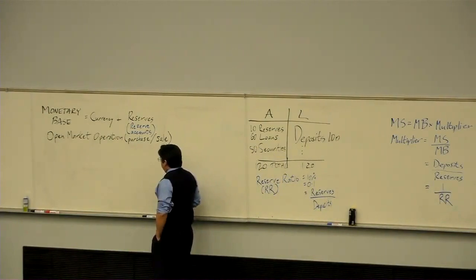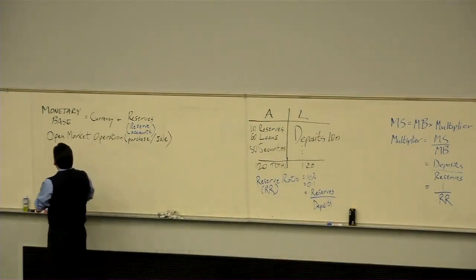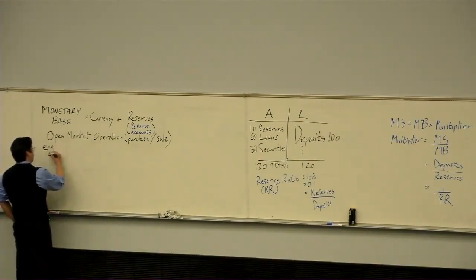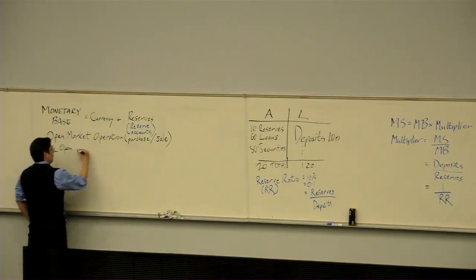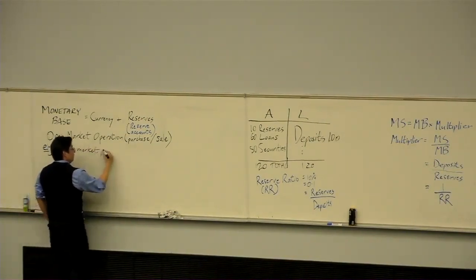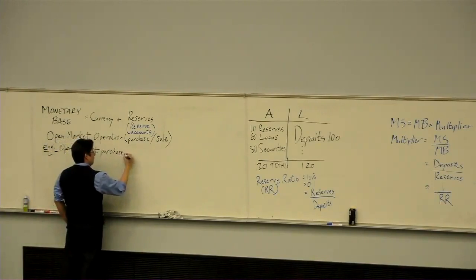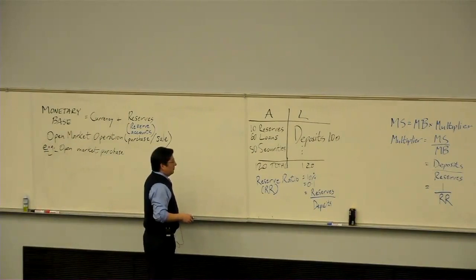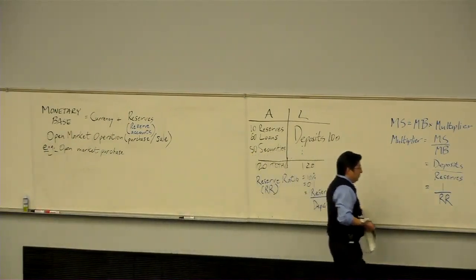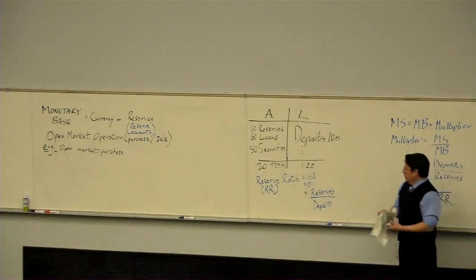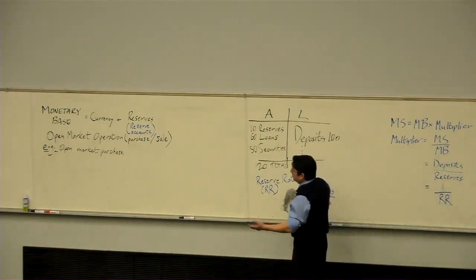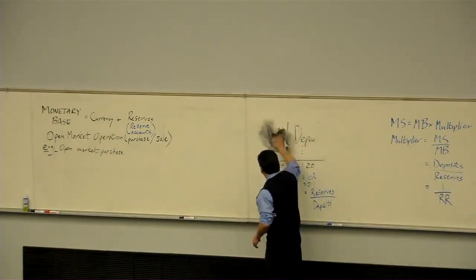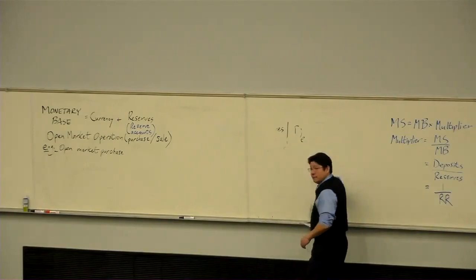So now, to see how this is going to work, we need to do two things. One, let's pick an example. Let's go with an open market purchase. Since the Fed is going to be buying some assets, buying something, and as discussed, the Fed generally is going to be dealing with banks.